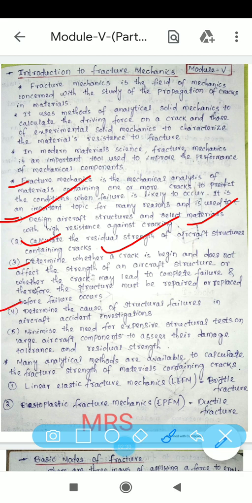Fourth is to determine the cause of structural failures in aircraft accident investigation, meaning if any accident arises in an aircraft, it can be investigated as well. Fifth is to minimize the need for expensive structural tests on large aircraft components to assess their damage tolerance and residual strength.